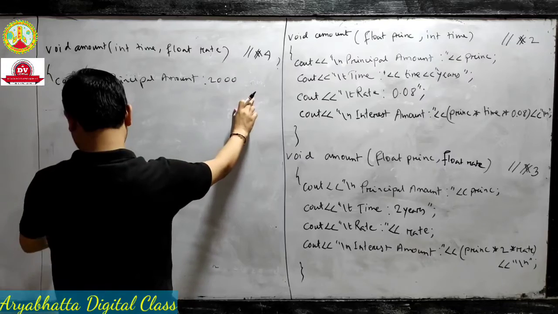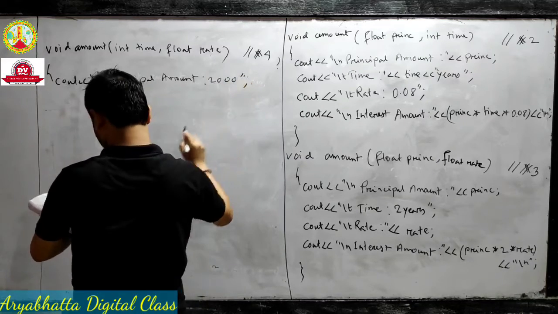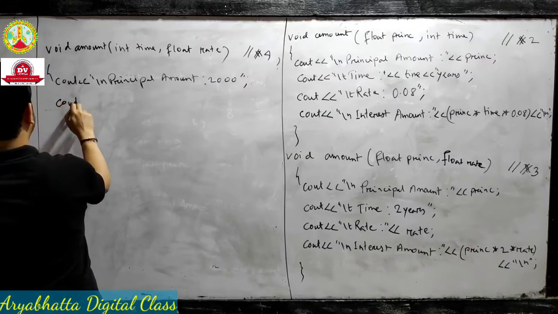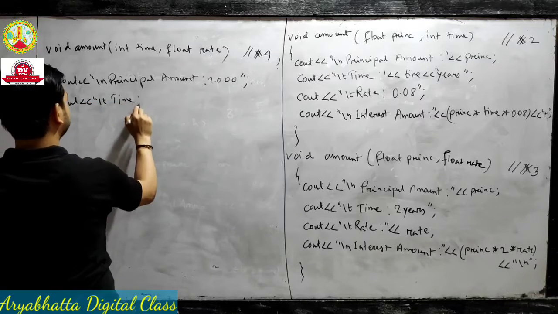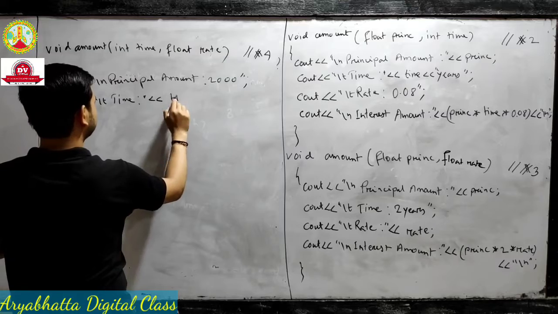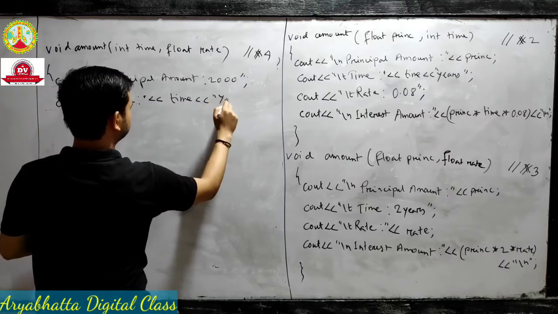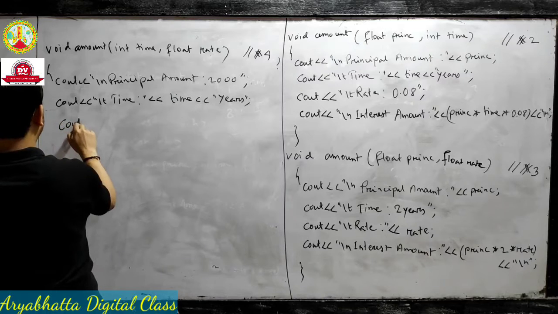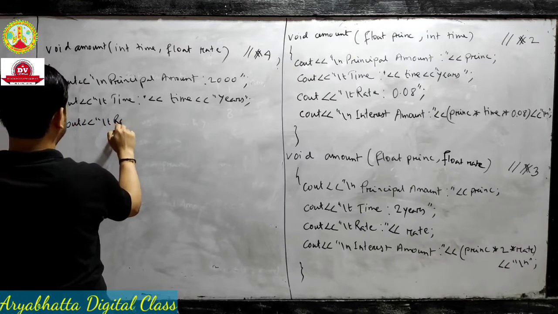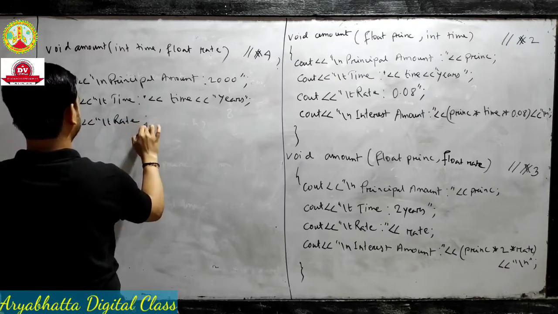Principal amount we directly declare in input, and this is for time. This is for time. This is for rate.